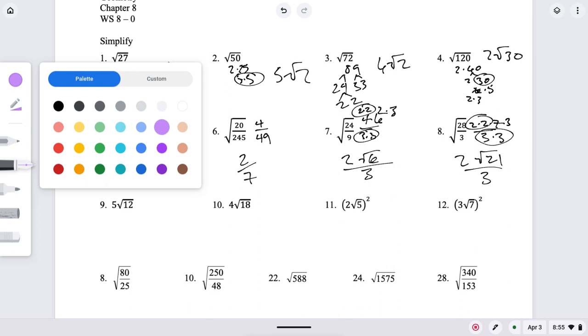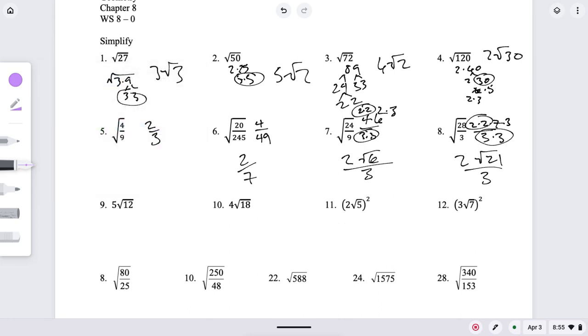So again, on that last example, if I would have reduced it beforehand for number 7, let me switch colors here so you can see a difference. If I would have reduced it beforehand and turned it into an 8 over 3, and I'm doing a square root of that, right? So I'm square rooting 8 over 3. All that I'm going to get are 2 times 2 times 2 for the top, right?